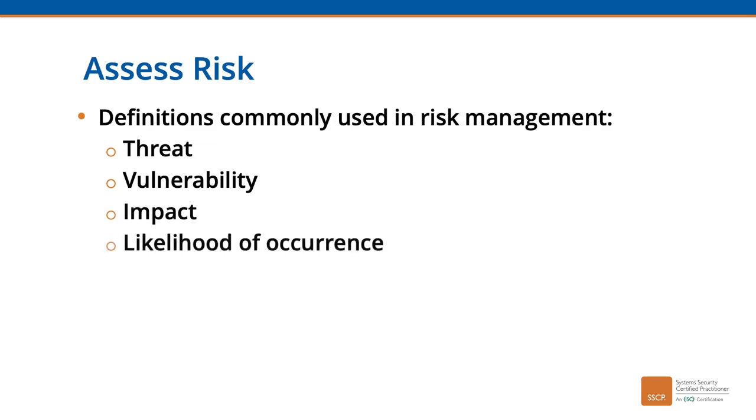Likelihood of occurrence, a weighted factor based on a subjective analysis or the probability that a given threat or set of threats is capable of exploiting a given vulnerability or set of vulnerabilities.